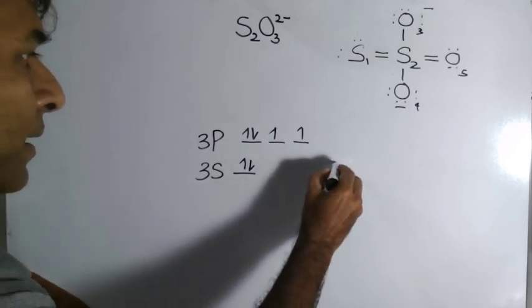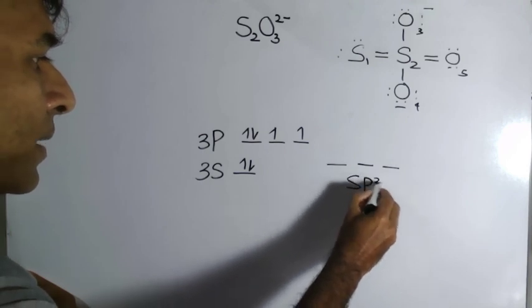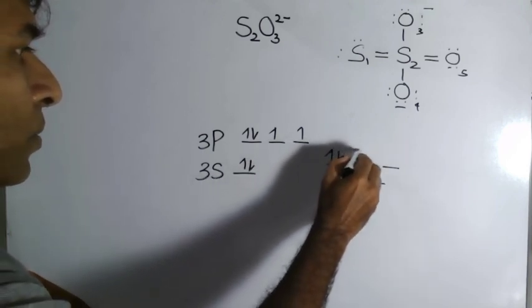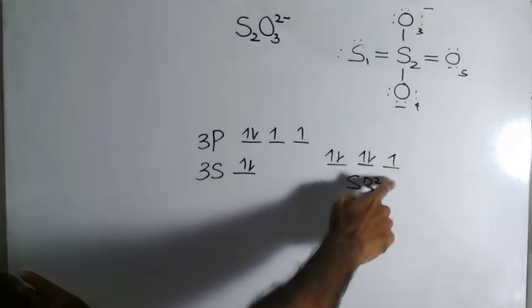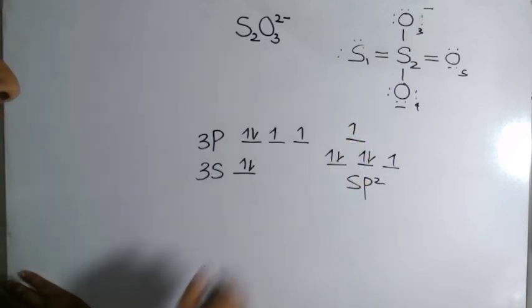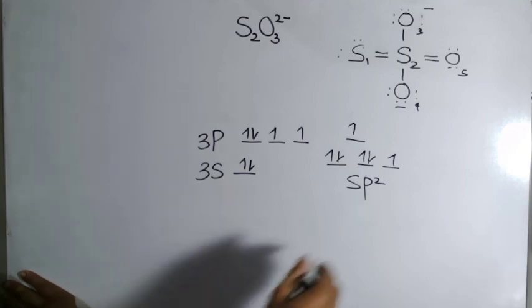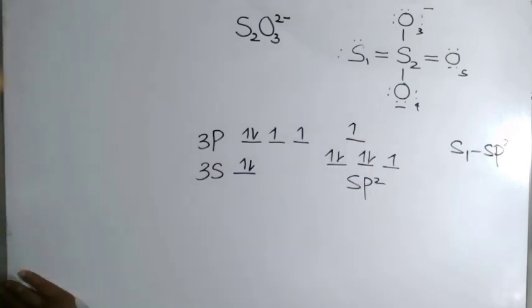So we can write 1 from s and 2 from p. These are the 2 lone pairs and 1 single electron. This one is used to create the sigma bond and the remaining one is used to create the pi bond. So sulfur atom number 1 has sp2 hybridization.